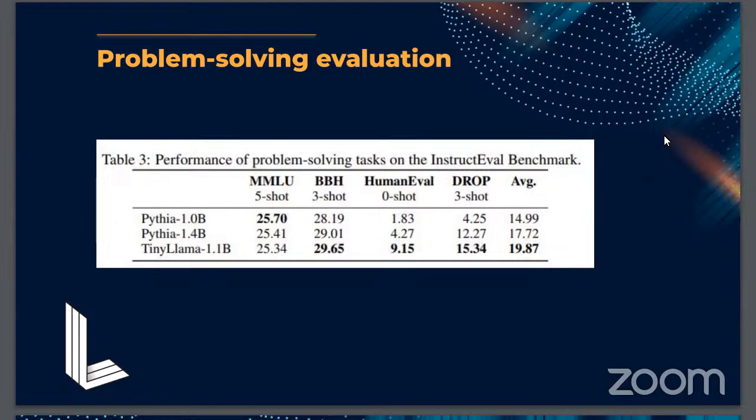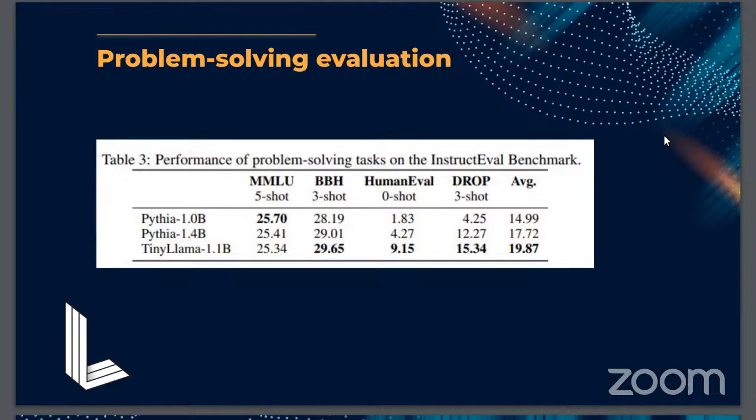Here, it was compared against Pythia 1.4 and Pythia 1.0. It outperformed Pythia 1.4 and Pythia 1.0 on all the tasks other than MMLU, where Pythia 1.0 was the winner. However, on average, it was the best performing model.